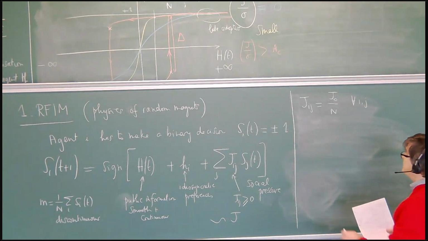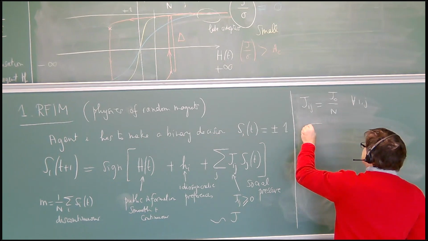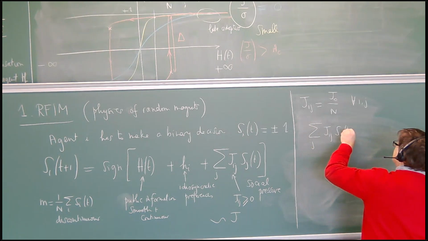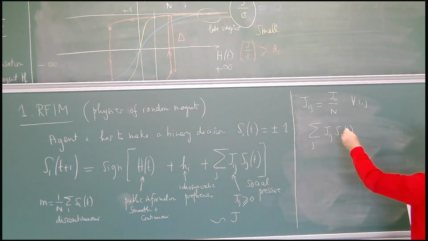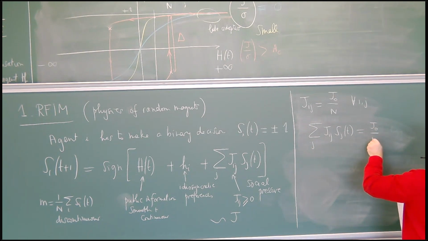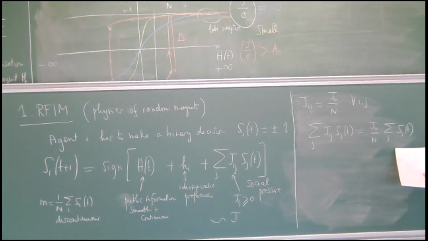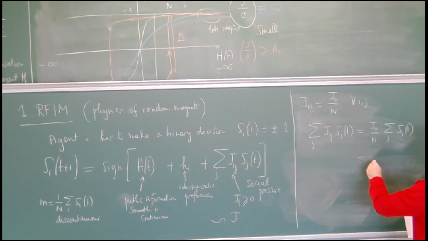So in that case, if I compute the sum over j of J_ij S_j(t), then if all J_ij are equal, this is equal to J0 over N sum over j of S_j(t). But from my definition, 1 over N sum over j of S_j(t) is equal to m. So this is J0 times m(t). Okay.